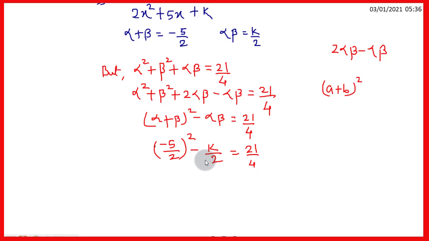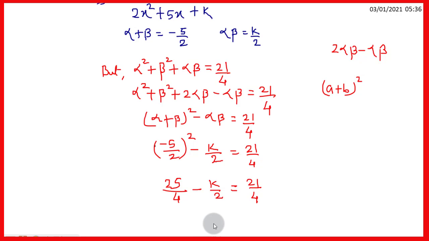Here we are getting a linear equation, and we can solve this linear equation. So first take the square of this. It will be minus 5 bracket square, that will be 25 upon 2 square will be 4, minus k upon 2, which is equal to 21/4. Now take 25/4 to the other side.